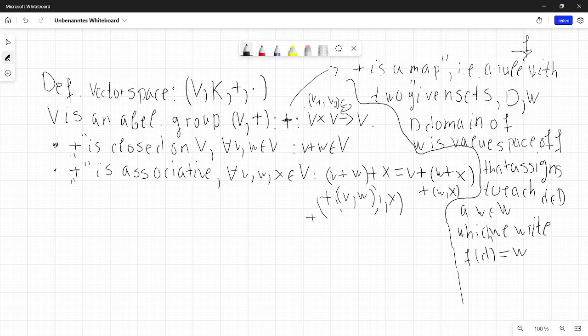Well, an example where it would not be the same would be, for example, the composition of maps. Well, what good example could I give you?